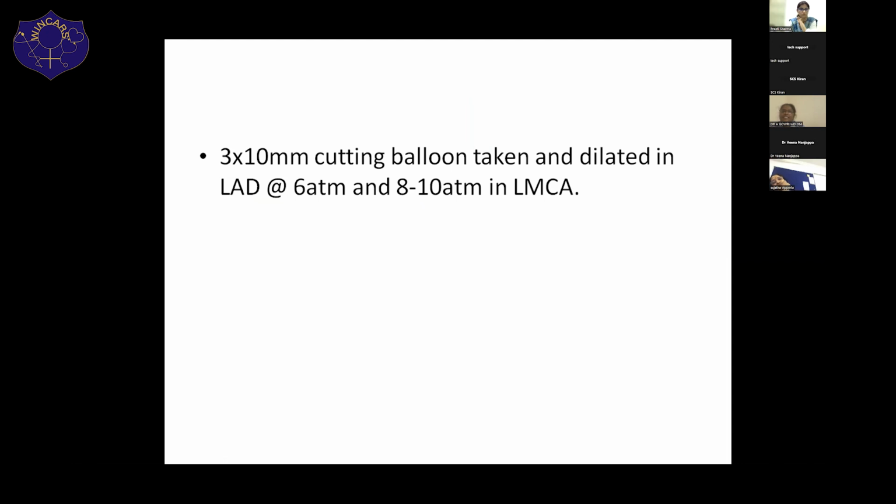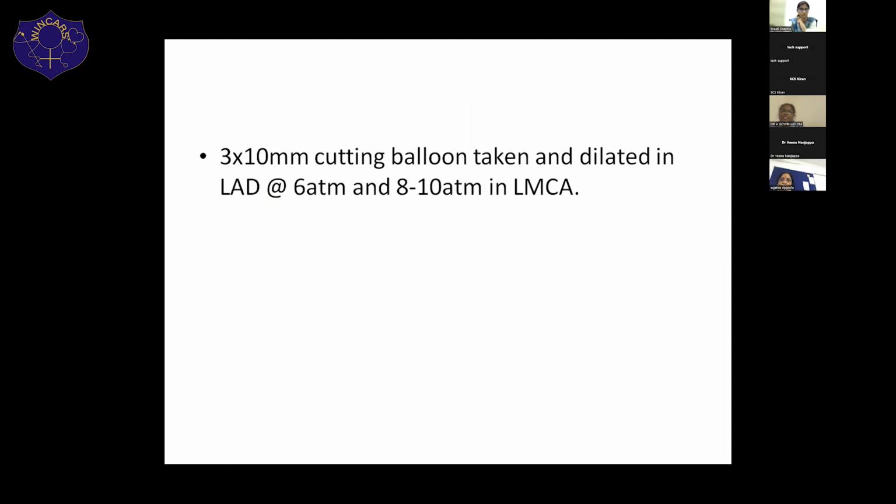In case something happens in the LCX, we will convert it into mostly culotte stenting or TAP, based on the hemodynamics and the emergency situation, because the LCX is very important in this case. It is an anterior MI, and whatever LV is functioning is solely dependent on the LCX in this patient.